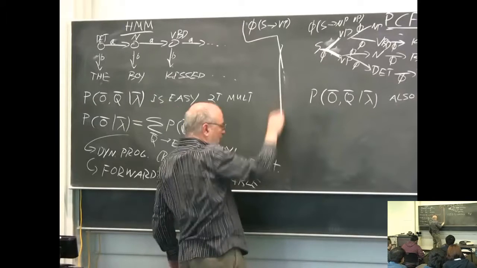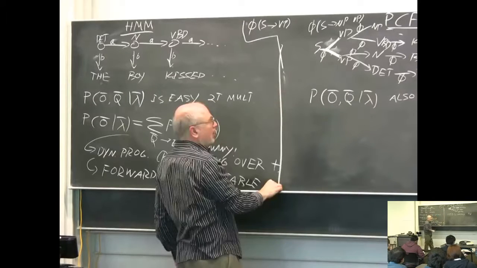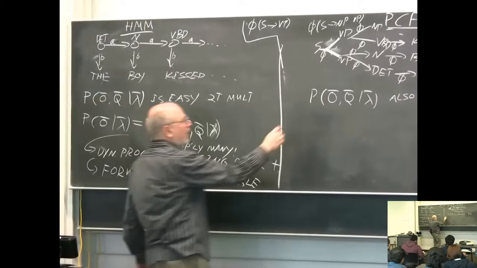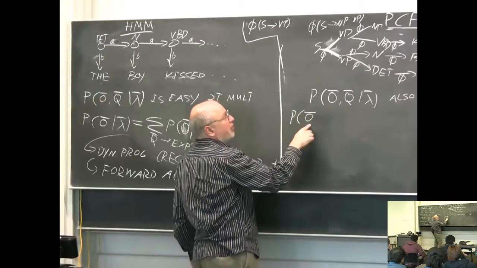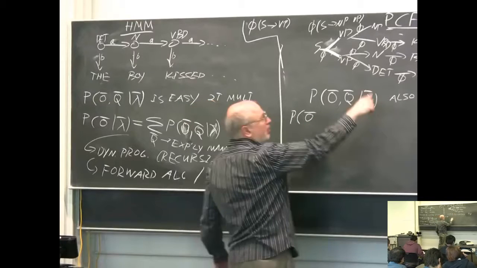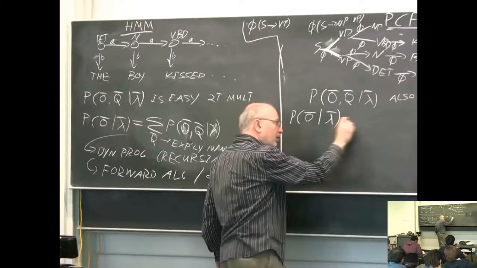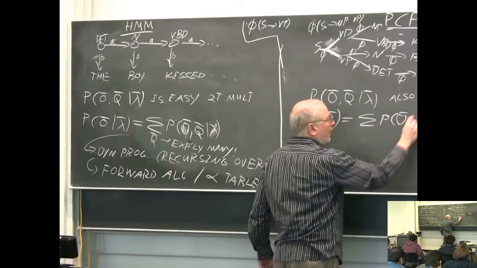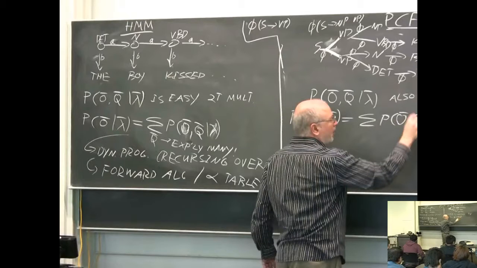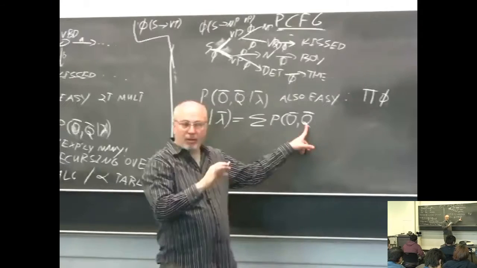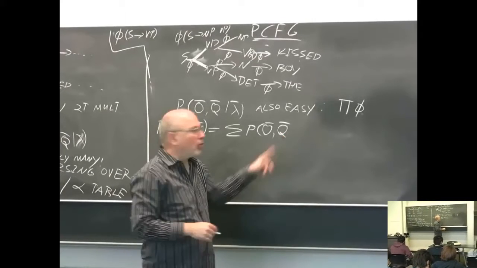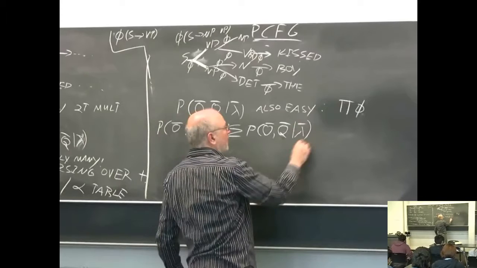What is the analogous thing in PCFGs? It's the same thing. It's the probability of the observed sequence, the sentence, conditioned on the model. And that is exactly the same thing. It's the sum of P of O and Q, where Q corresponds to the parse tree, the exact set of derivations that was used to derive it, given the model.